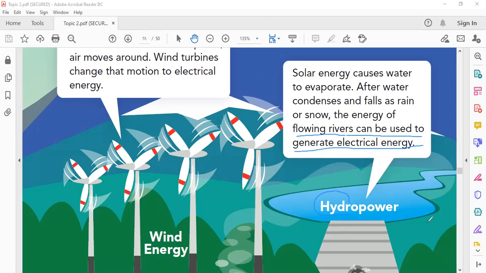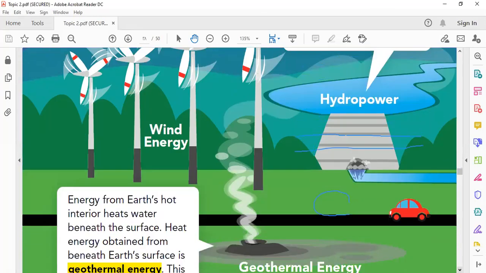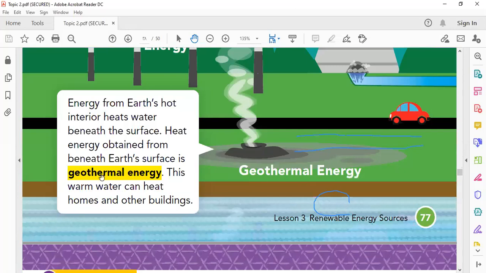And finally, the geothermal energy. This is the energy from under the ground, energy from Earth's hot interior. The word interior means inside.